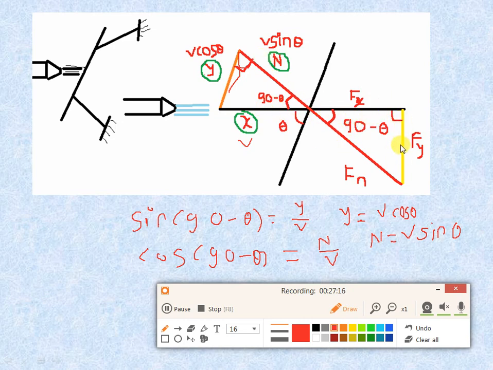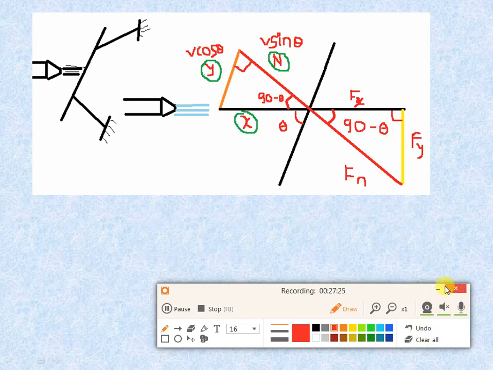Now in this case, first of all we will calculate the force along the n direction. The basic equation is F is equal to m dot into v1 minus v2. First of all, we will calculate the force along the n direction, so it is the Fn force. We know that m dot is rho a v.